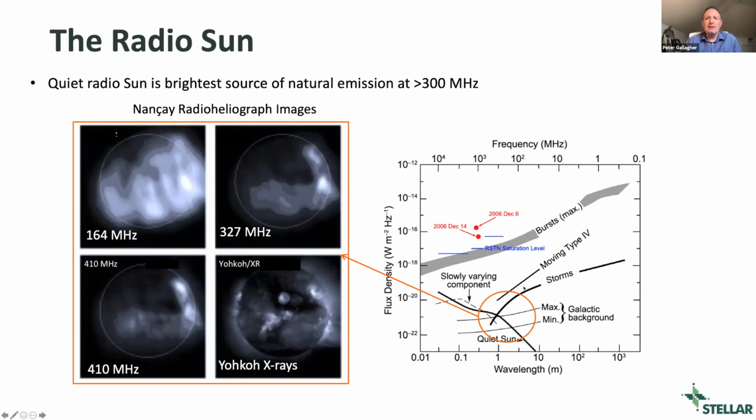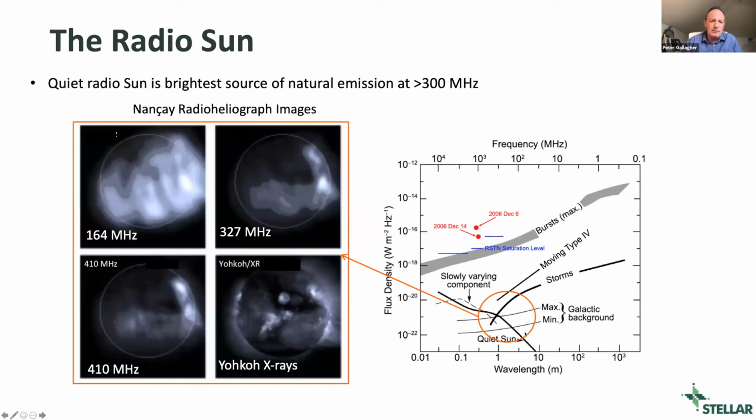But this plot over here, we could spend half an hour talking about it, but you can work through it at your own leisure. What it shows you is the flux density as a function of either frequency, which is what I prefer, or wavelength. For LOFAR, we're talking about 10 megahertz to a few hundred, 240 megahertz. Radio bursts are very bright by comparison with the quiet sun.